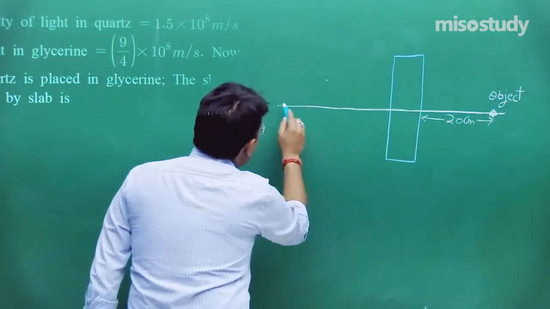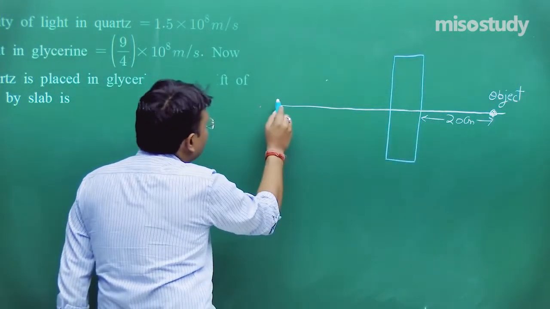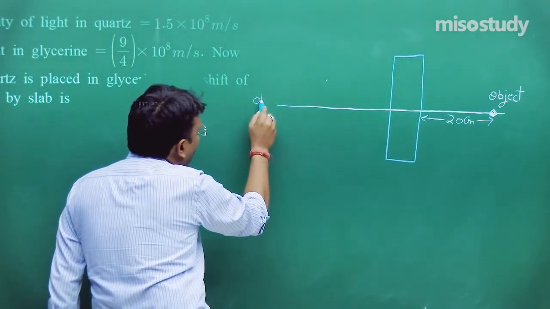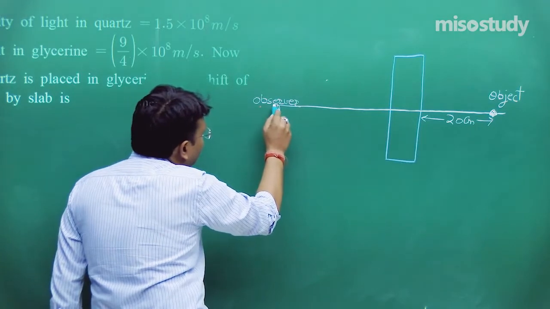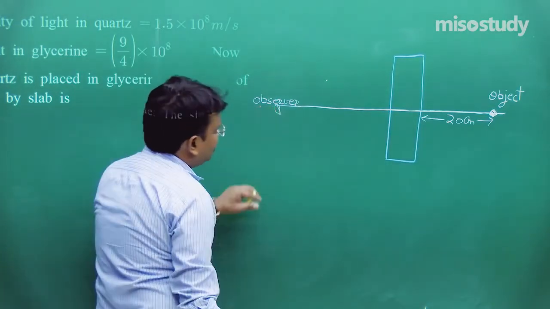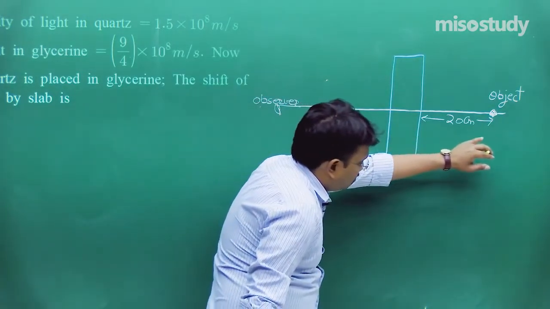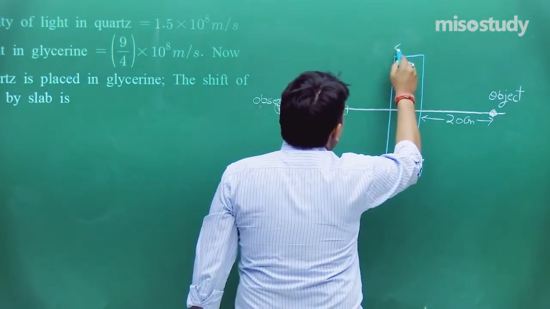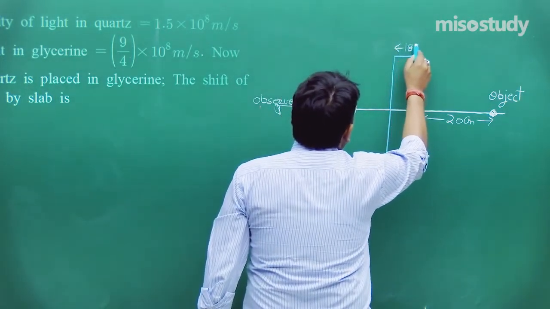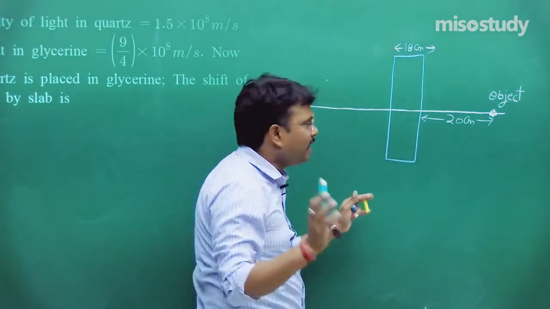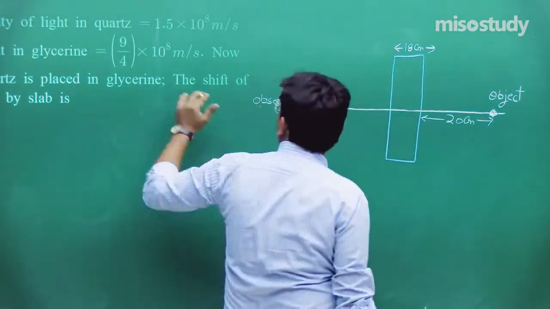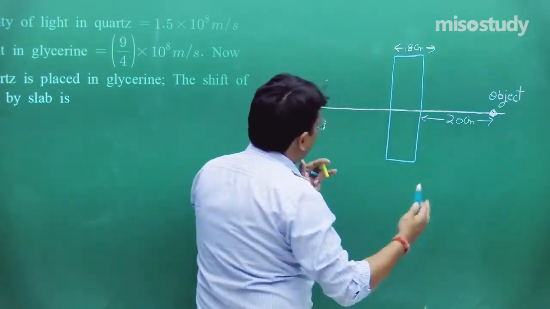Now here I am present, means this place is for the observer's eye. Okay, this place, the human eye is here. This is the observer, this is your object, and this gap is 18 centimeters. It is basically part of the problem itself. Fine, but it's better to provide it in the form of this diagram so that you can visualize.